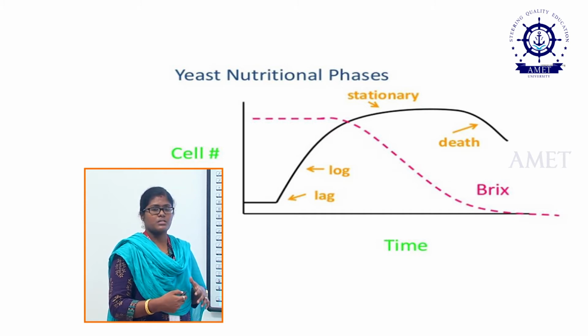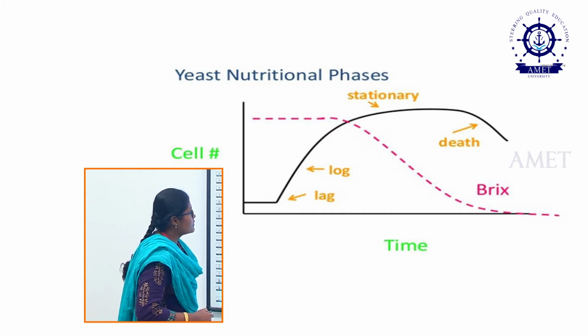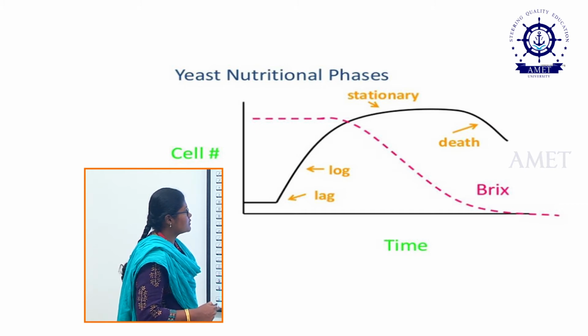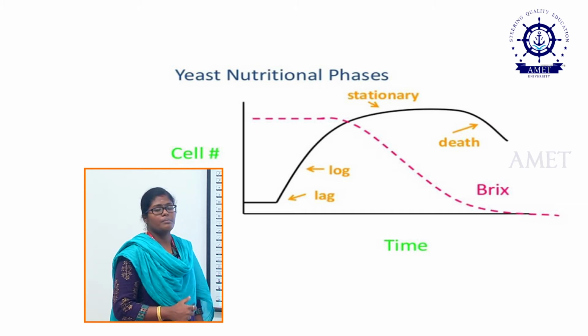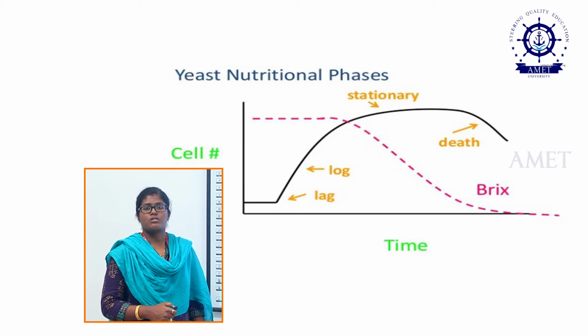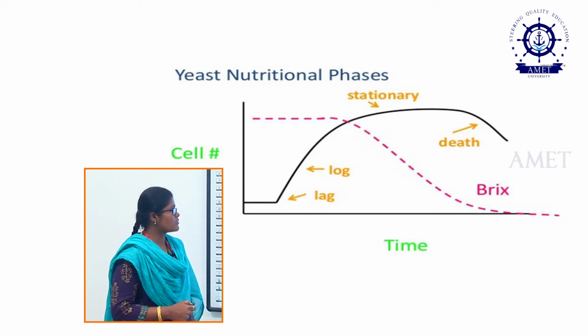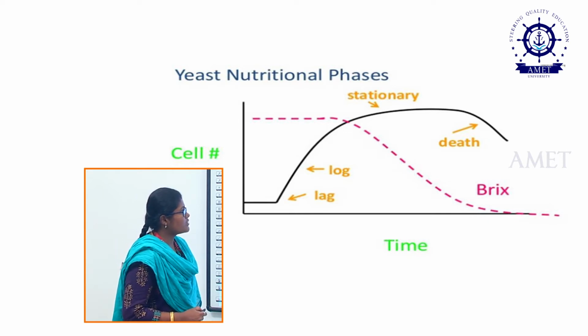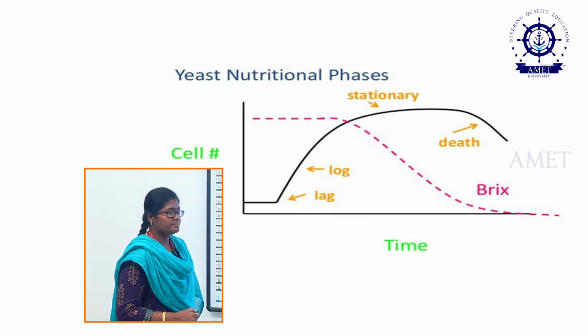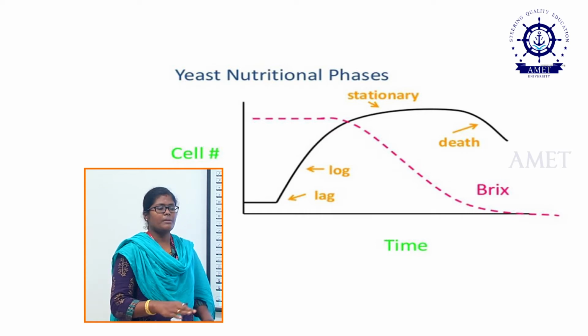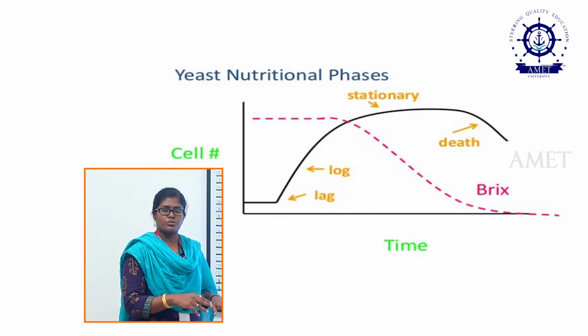very much faster. Once it reaches a stage where it cannot reproduce anymore, that stage is called the stationary phase. Here they become stable, and they do not consume any sugar which is present.